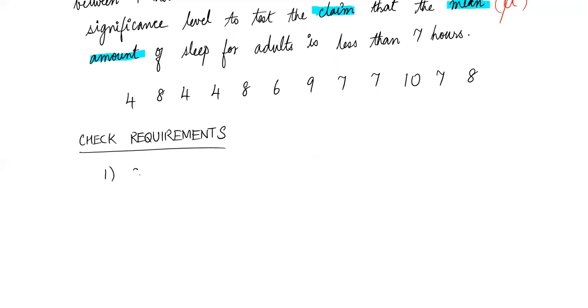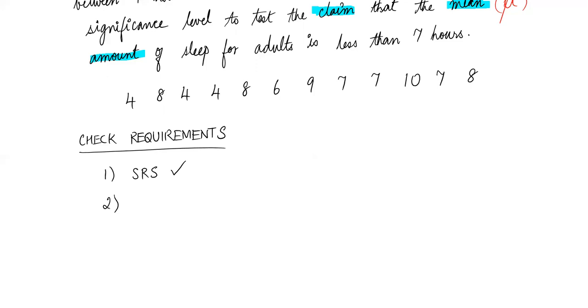Here we have to check if it's SRS. Again, we will give a right on that because this data actually was obtained from one of the studies, the National Health and Nutrition Examination Study. You don't have that information given to you. I have that at my end, so sorry about that. So we got the SRS.